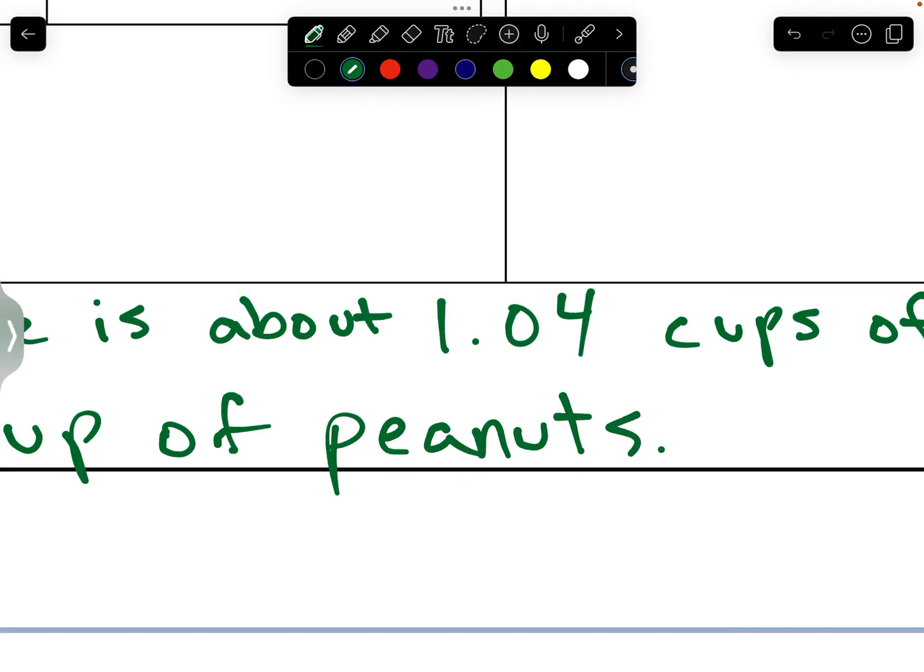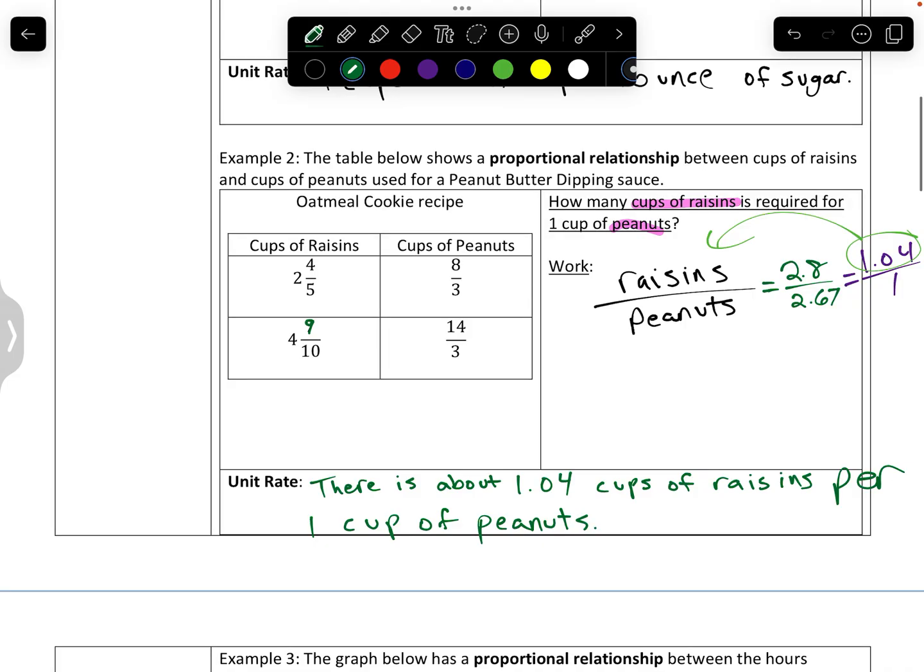Okay, there you go. So again, proportional means that no matter which set of numbers you choose, they're going to give me the same answer. So I just chose the top one. It's the first one I've seen. If you want to choose the bottom one, cool. You're going to get the same answer no matter what. But again, if I round numbers and don't use them all, we've got to use the word about.